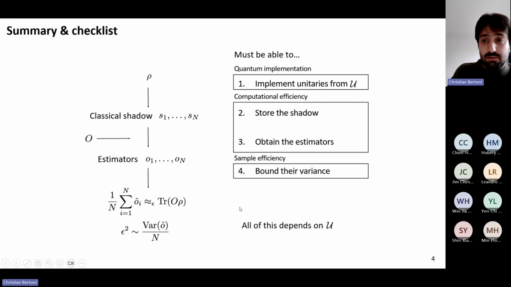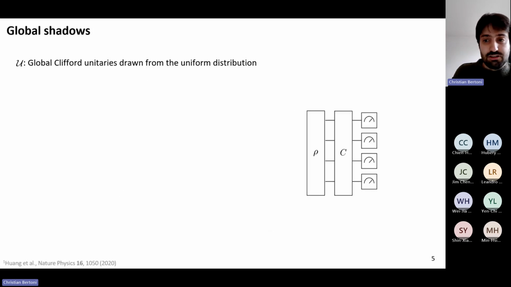Right, and so now I want to dive in a little bit into the original classical shadows protocol as presented by Huang, Kueng and Preskill and see what they propose as unitary ensembles, and we will highlight a sort of trade-off that is here before moving on to our work.